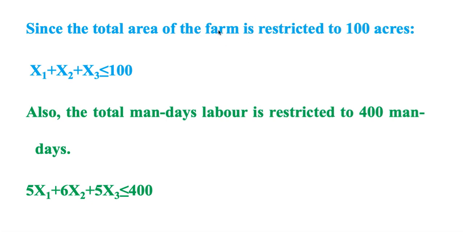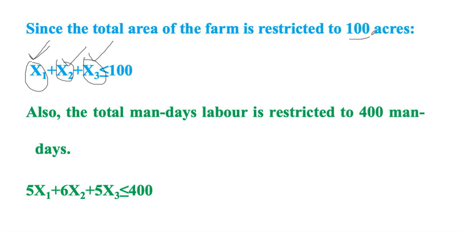which is available for cultivation and the number of man days labor which are available here. Now we have said let x1, x2 and x3 be the total area which is under cultivation for potatoes, tomatoes, lettuce and radish, and the total area which is available for cultivation is 100 acres.